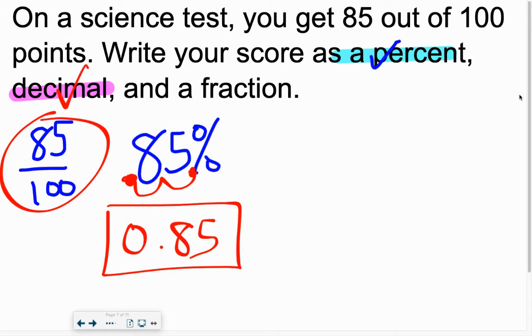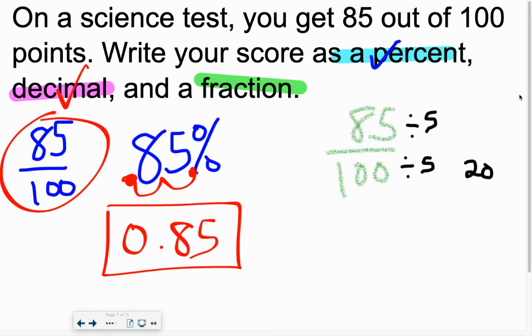We've got our percent, and now it says here to do it as a fraction. Well, we've got a fraction already. We already wrote it as 85 over 100, which is great, but anytime you have a fraction or a mixed number, make sure you simplify that if possible. And here you can, so we're going to divide both the top and the bottom by 5.